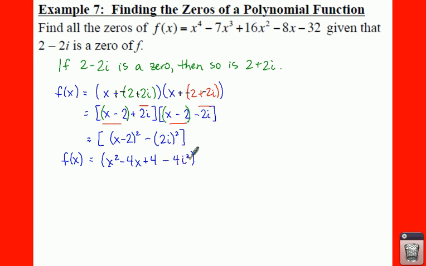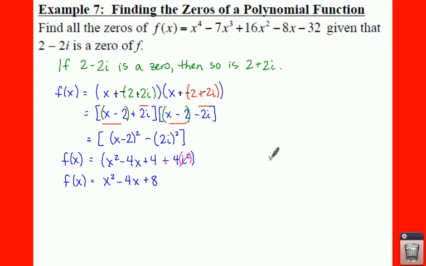A lot of you are forgetting the square. Now remember, our i squared, that's just a negative 1, which changes this into a plus 4. Your new polynomial, degree of 2, that we got from just our two complex roots is x squared minus 4x plus 8.